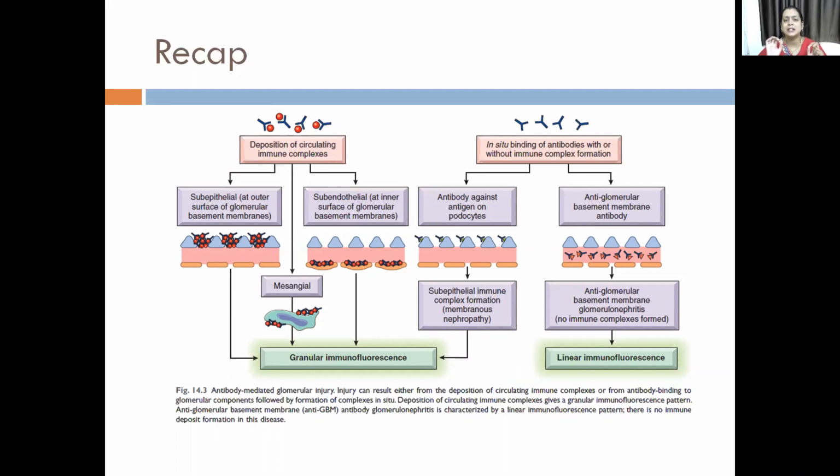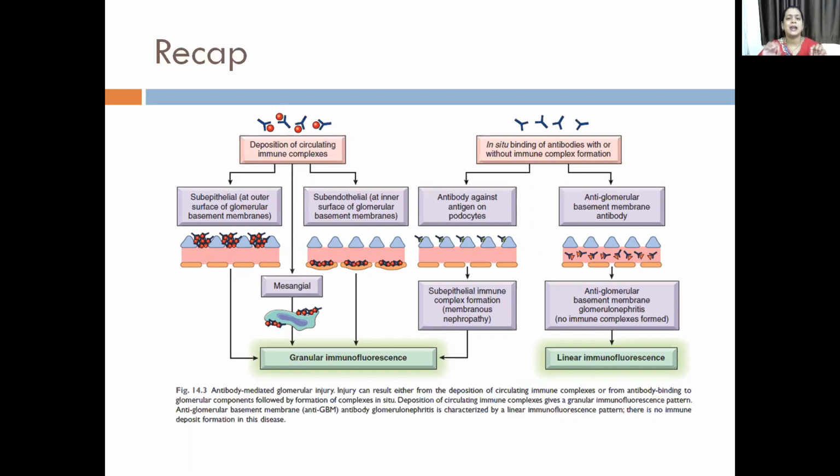So remember these terminologies, which are very, very important, right? These are the histological changes which we express in glomerular disease: diffuse, focal, global, segmental.